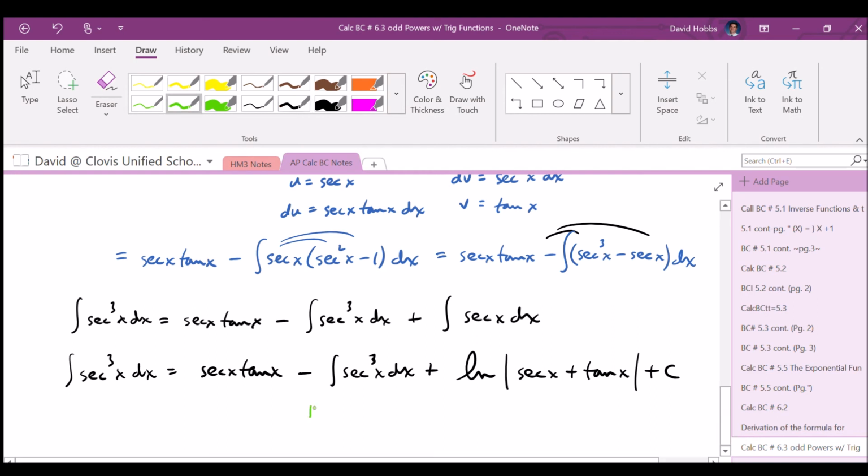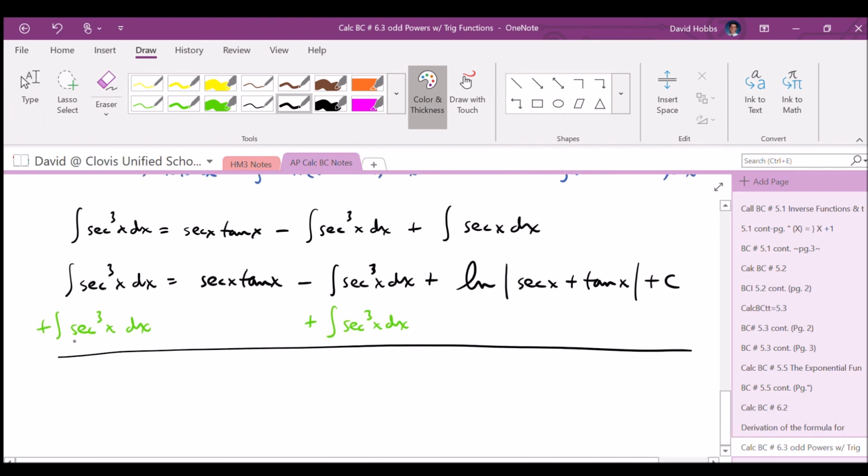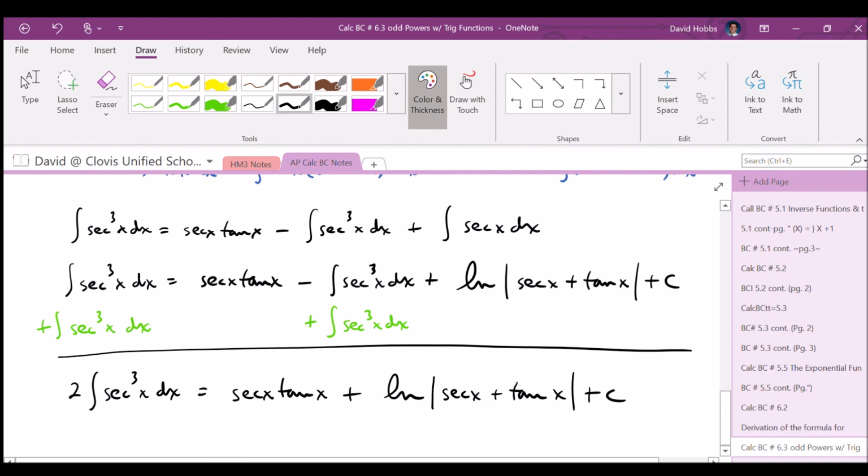So if I move this one to the other side, they're like terms, and so I have one of those plus another one of those, so now I have two of those things, and I'm left with secant x tan x plus natural log absolute value secant x plus tan x plus c.